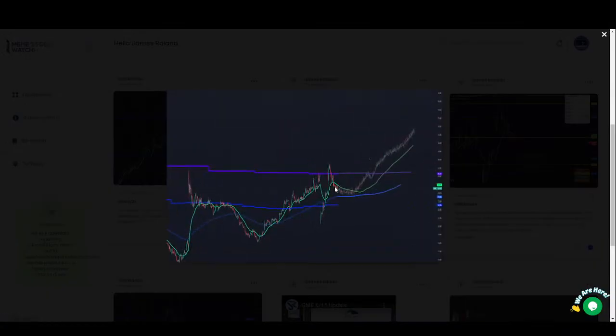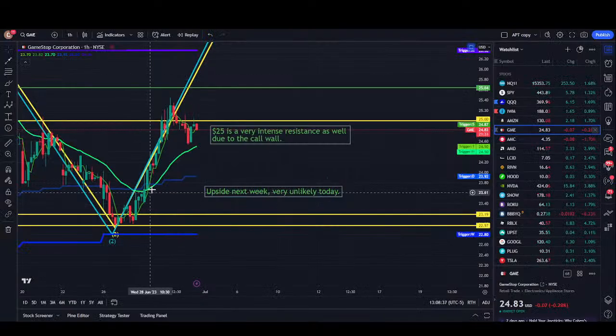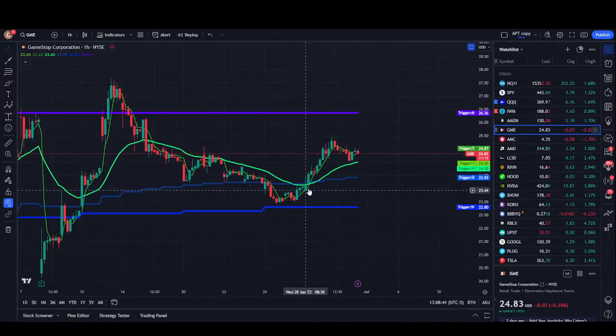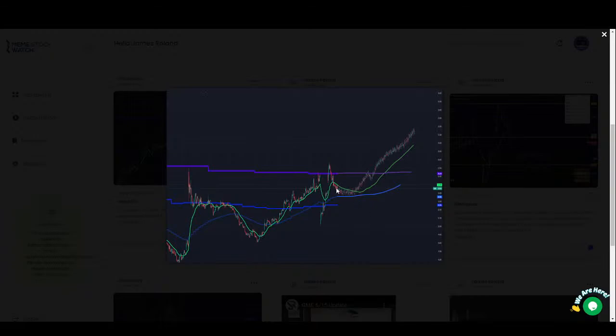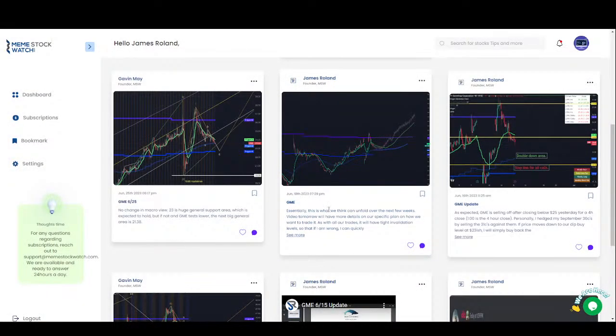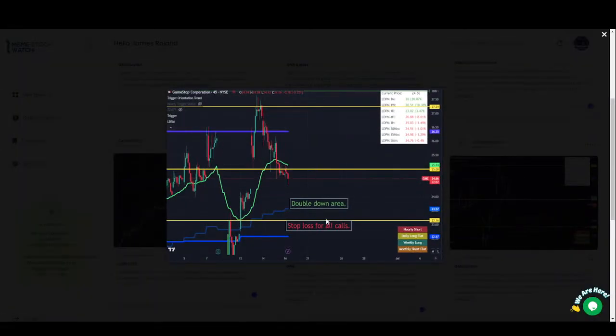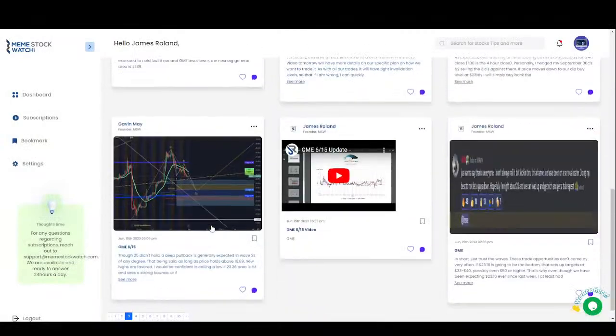We even had this all the way back here at 25. We knew we were coming down and going to form the airplane, and you could see how we formed that airplane beautifully. This airplane, the hourly trigger and the daily trigger, led to this nice upside spike. This was forecasted way back, all the way to June 18th. We had the double down area at the low 23 level.